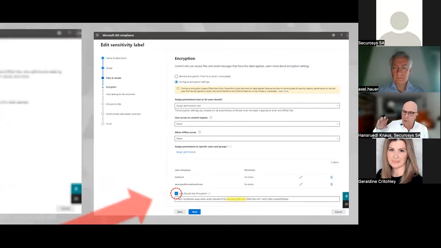This is the root to the keys, the root to the HSMs, the root to the cloud HSM infrastructure where Microsoft compliance will find the keys. This is pretty simple.